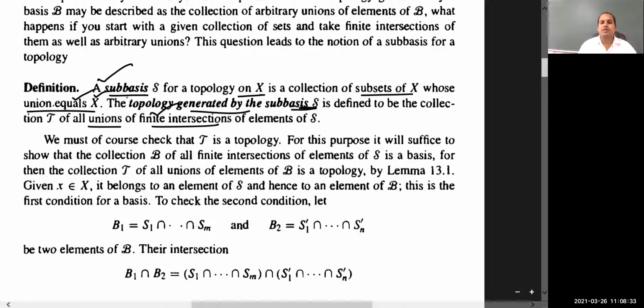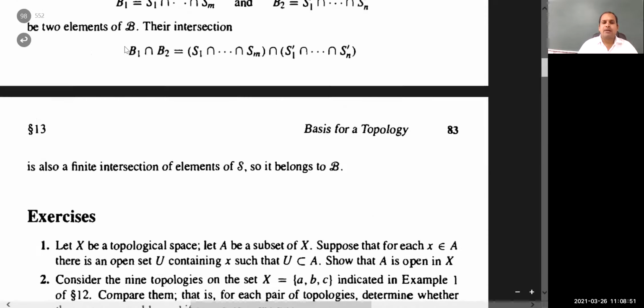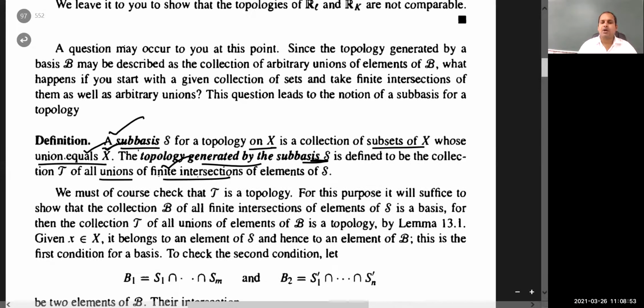So whenever a sub-basis is given to us, remember the union of the members of the sub-basis is going to equal whole X, and to generate a topology from the given sub-basis, we need to take its finite intersections and then take unions. We will come to an example later on. And remember that the finite intersections of elements of S will be a basis.